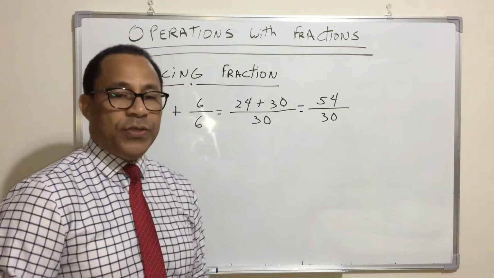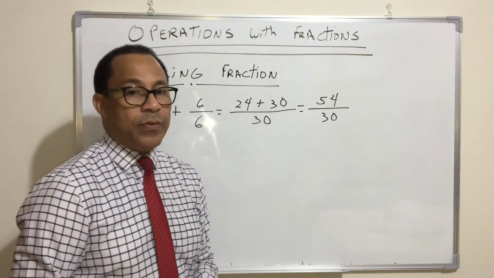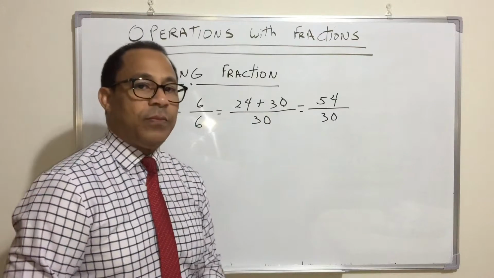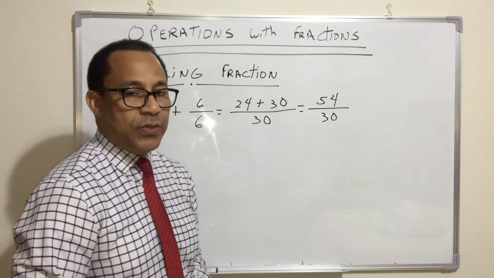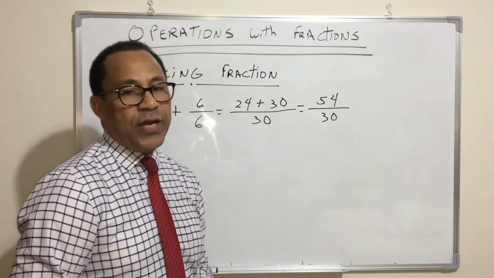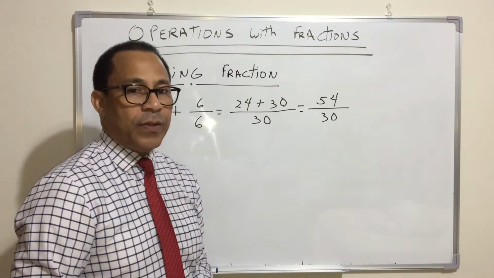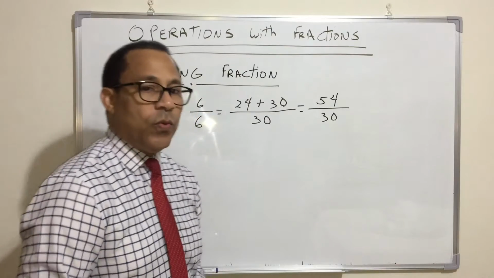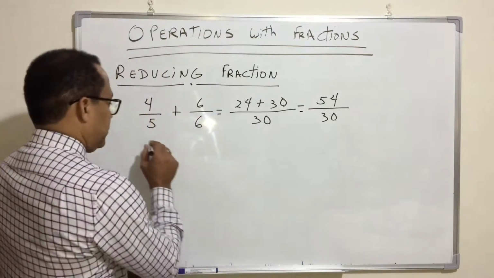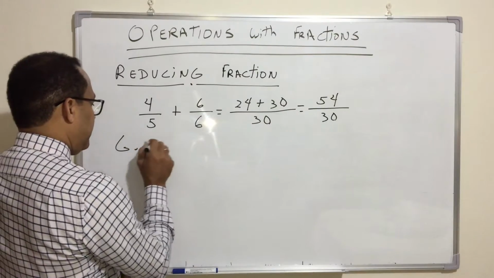What does it mean by reducing the result to the lowest term? Well, because this result might not be the lowest result we can get. How do I reduce a fraction to the lowest term? We need to get familiar with the word greatest common factor, GCF.